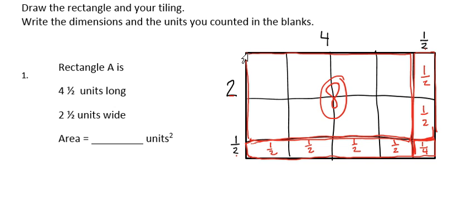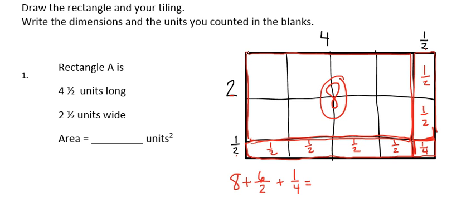Now let's combine all of these for our final answer. Well, we have 8 whole units, and then let's count our halves. I have 4 halves that run along the bottom and 2 halves along the side. That's a total of 6 halves. And I also have the 1/4 in the corner.